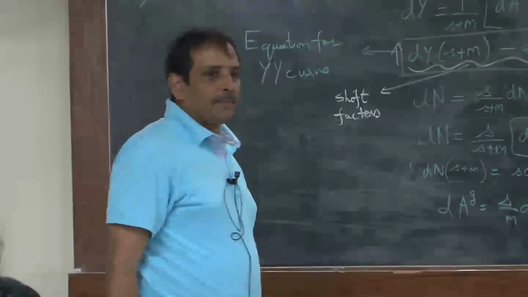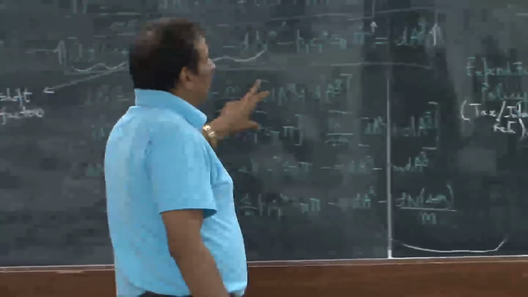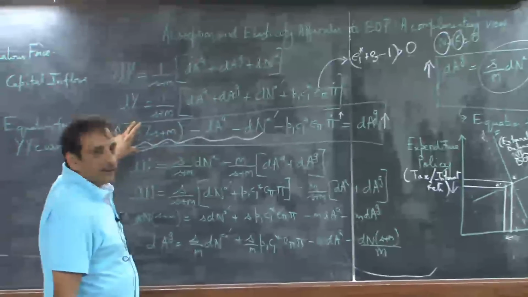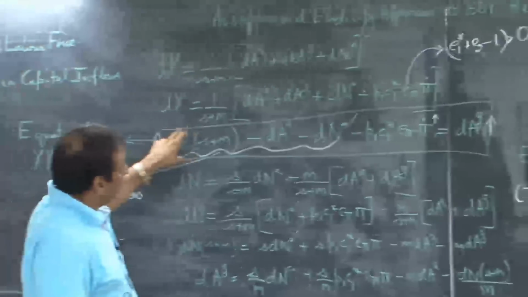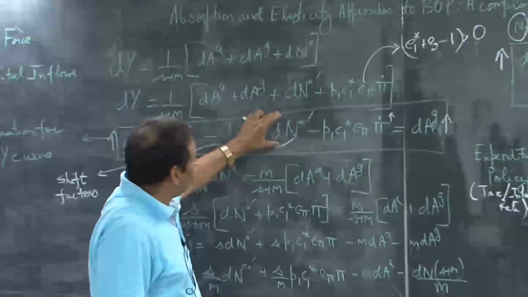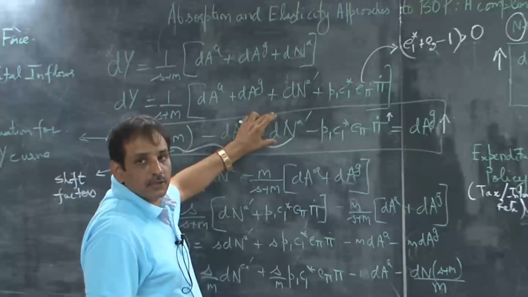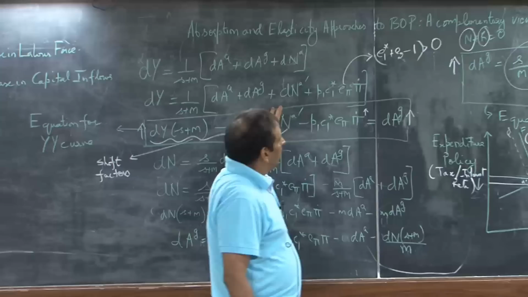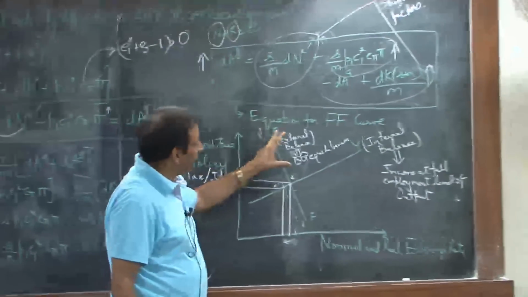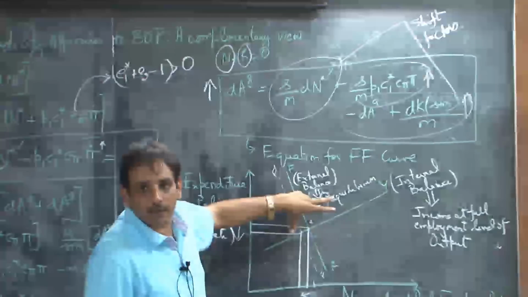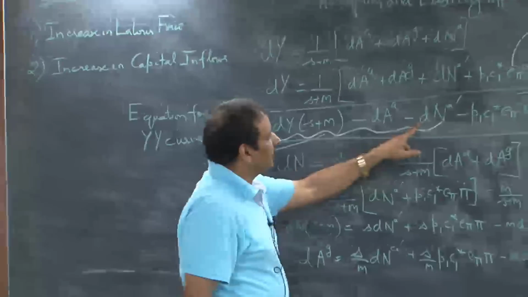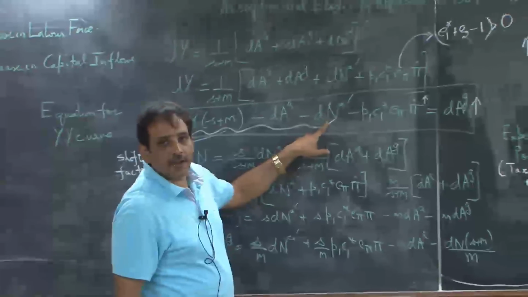Now in the exam I may ask you, for example, what happens if this purely autonomous change in exports changes? What happens to the FF curve? What happens to the YY curve? So we have discussed the case when DNA dash goes up.